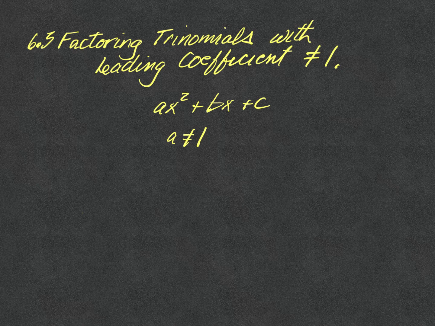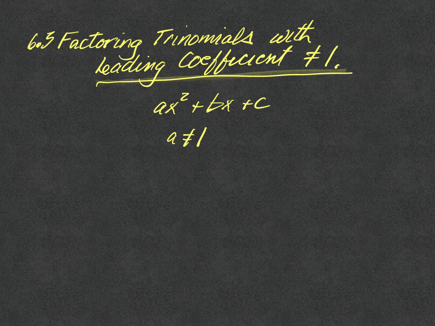Well, good day, everybody. We are ready to start section 6.3 on factoring trinomials with a leading coefficient not equal to 1. And so if we have a leading coefficient not equal to 1, then our goal at that point is to break it down in a little bit different way.